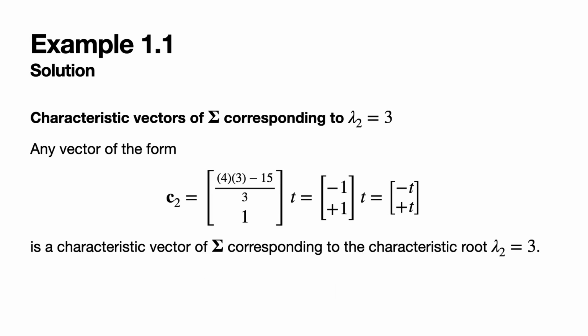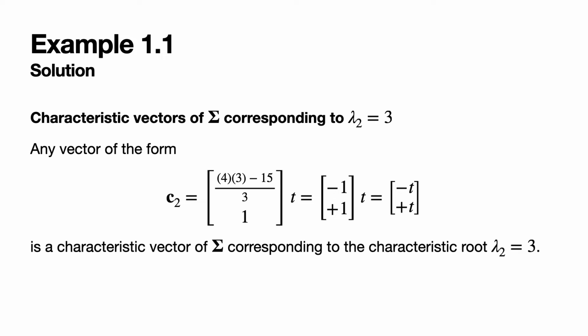All right, next, let's look at characteristic vectors of cap sigma corresponding to lambda 2 equal to 3. Substituting 3 in for lambda into the general form for the characteristic vectors gives vector C2, the 2 by 1 vector, the first entry being 4 times 3 minus 15 over 3.